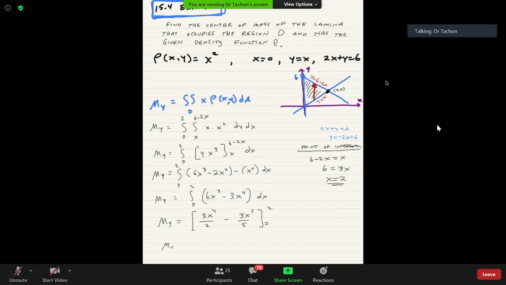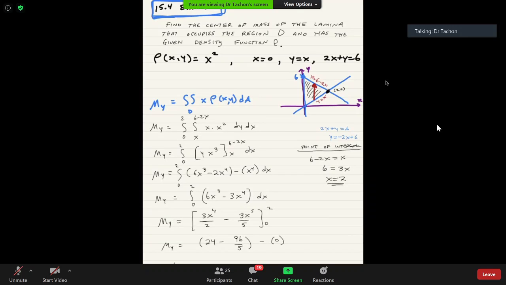So the moment with respect to y: 2, 4, 8, 16, 48 divided by 2 is 24. 2 to the 5th is 32, and 32 times 3 is 96 fifths. Plug in 0.